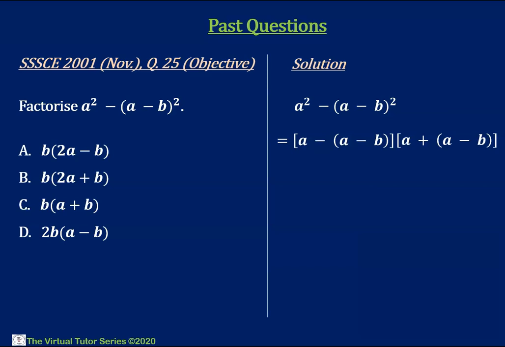Negative times positive is negative, and negative times negative is positive. So the first group expands into a minus a plus b, and the second group expands into a plus a minus b.